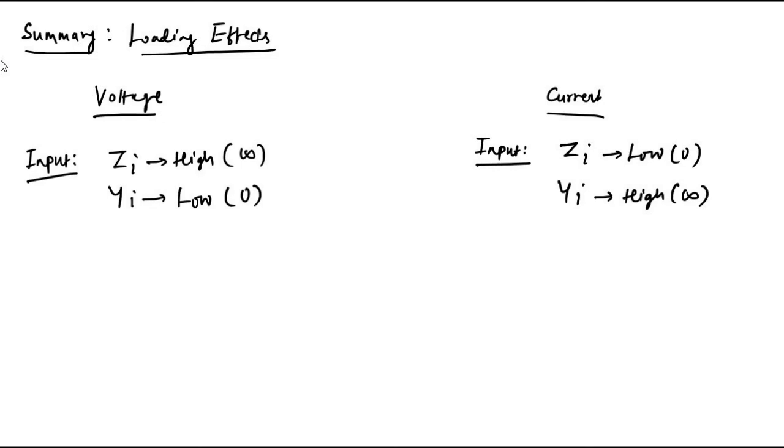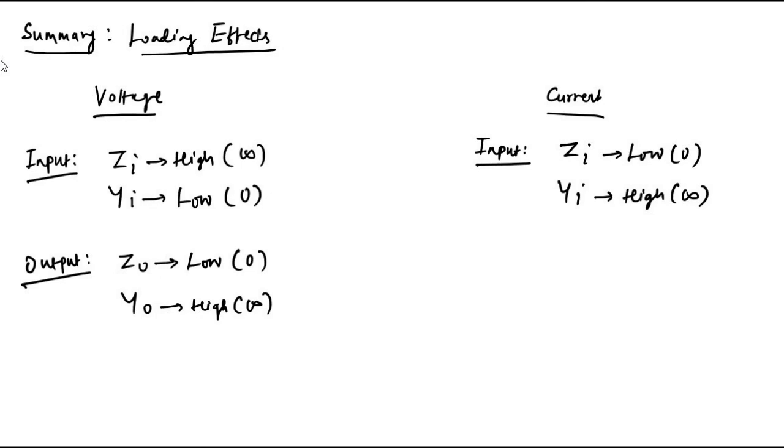Voltage and current input side is done. Then output. For voltage sources output, the output impedance should be low, ideally 0, or we can say the output admittance should be high, ideally infinity.